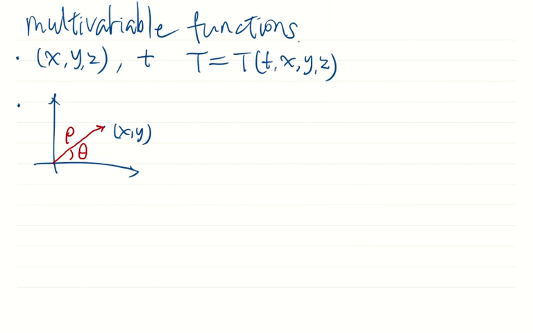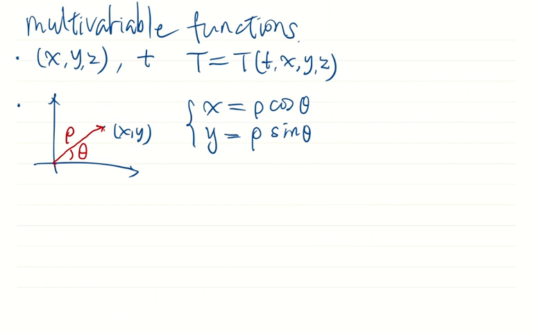Here rho is the distance from the origin to this point, and theta is the angle between the arrow from origin to this point with the x-axis. So we know that x equals rho cosine theta and y equals rho sine theta.